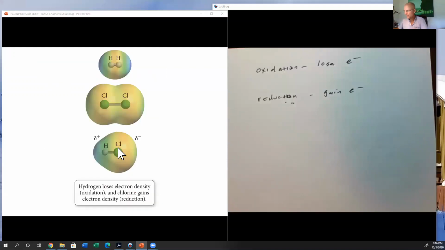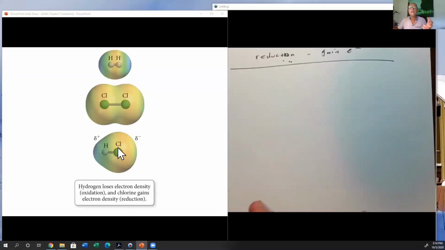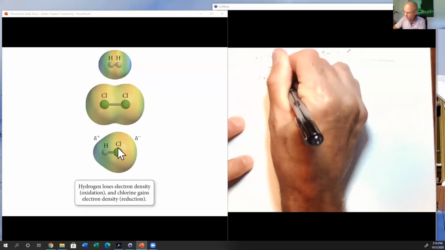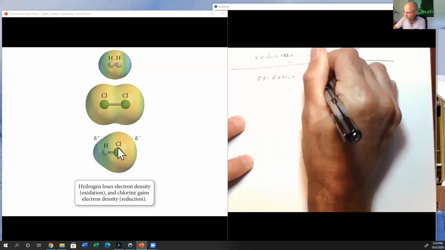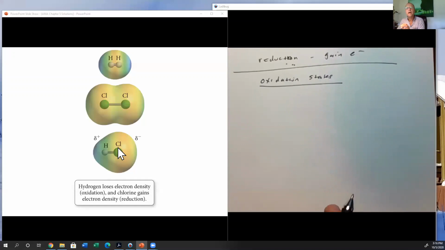So how do we keep track of these kinds of reactions? In other words, how can we identify a redox reaction when I have a reaction between two non-metals? We can do that with something called oxidation states. We can assign oxidation states to any element in a compound.